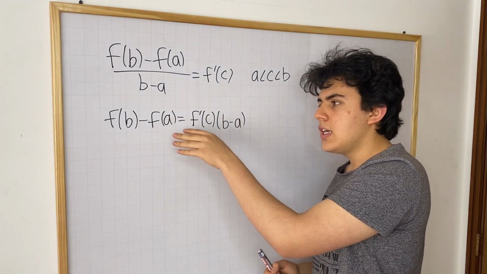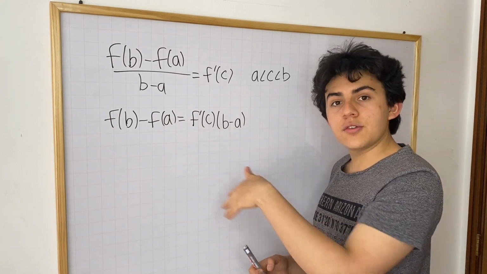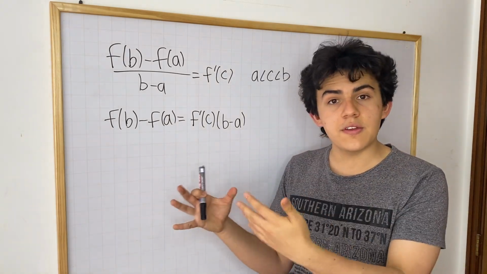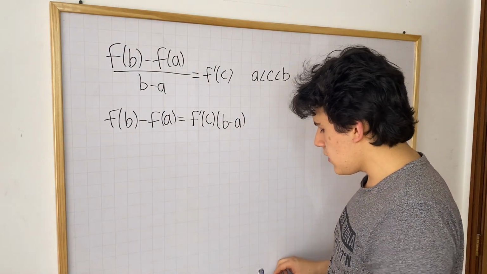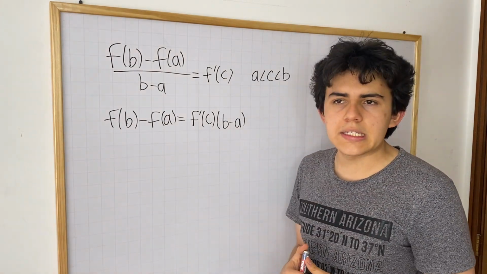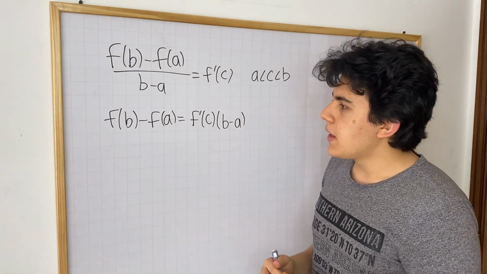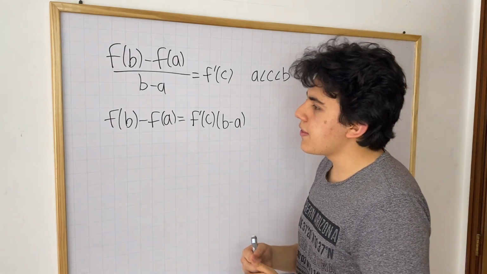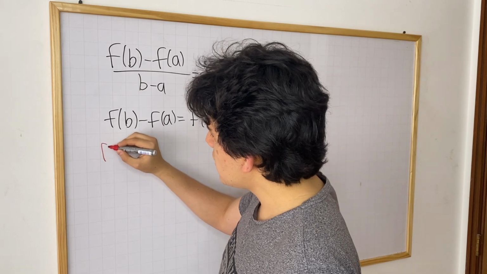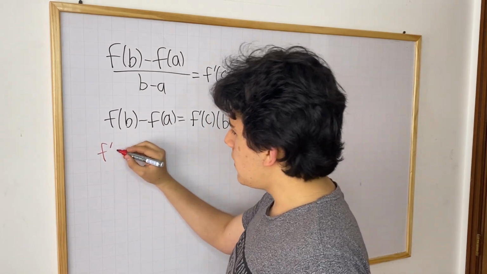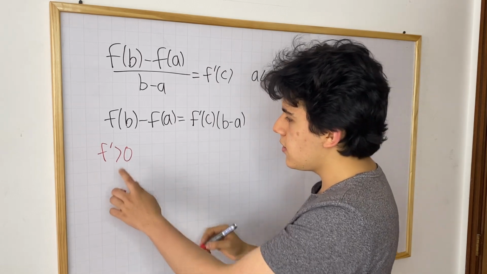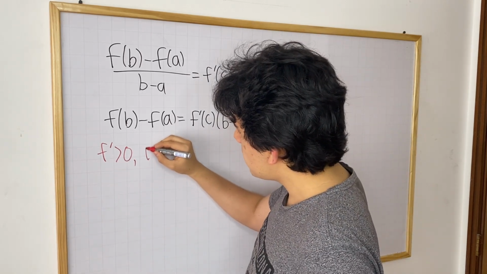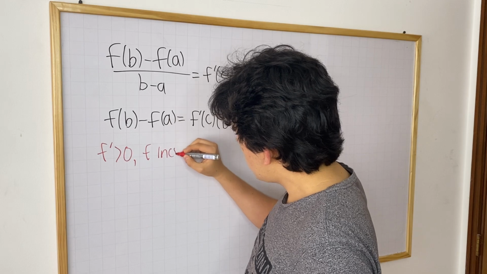And basically, if you try to analyze this equation, you can prove many interesting facts about functions. So for instance, there is, I would say, a lemma in calculus, and that is, if you have any function f, and if f prime is positive, so f prime is greater than 0, then we say that f increases, okay?